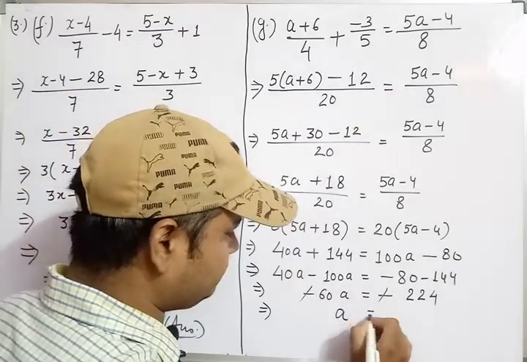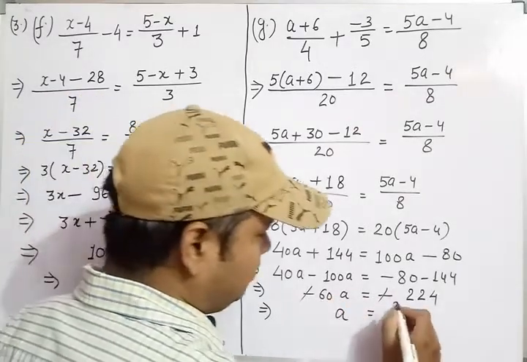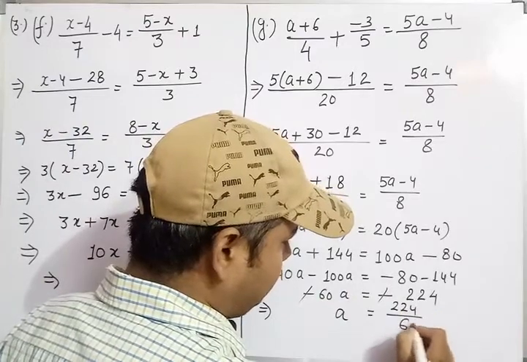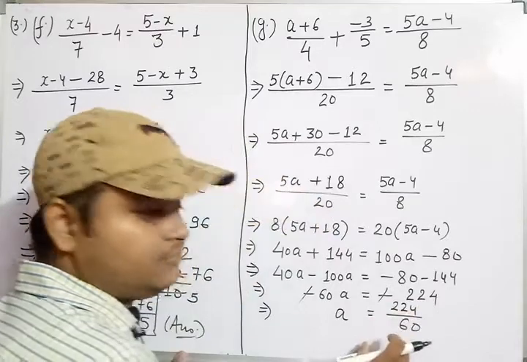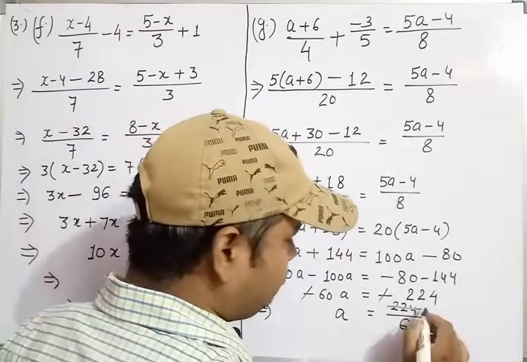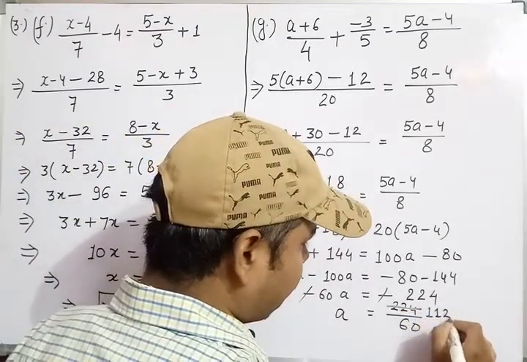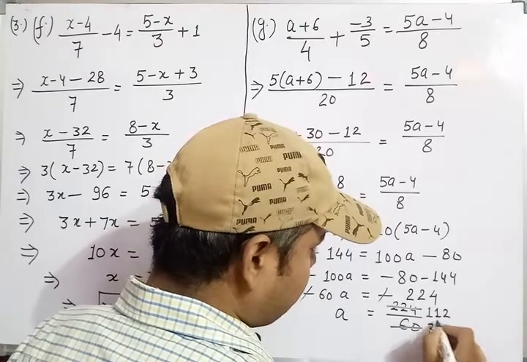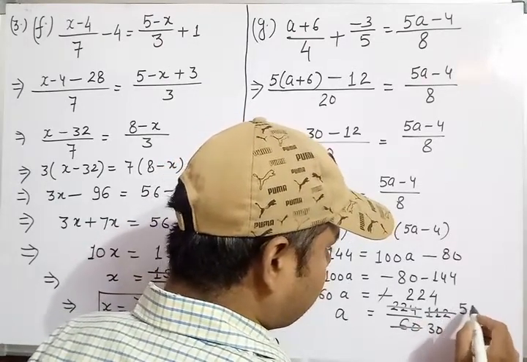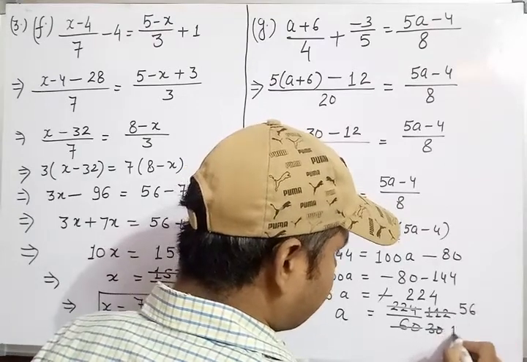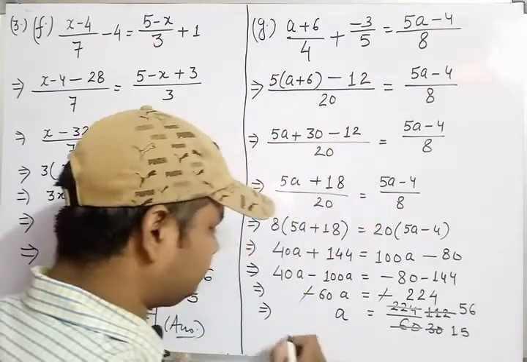Now you have to shift this 60 to RHS, and this fraction will be simplified by 2: 2 ones are 2, 2 twos are 4, and 2 thirties. Again we have to divide: 2 fives are 10 and 2 sixes are 12, 2 fifteens are 30.